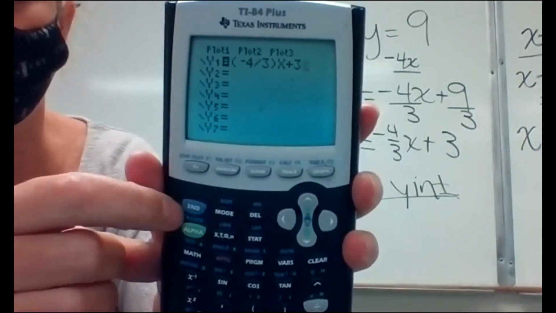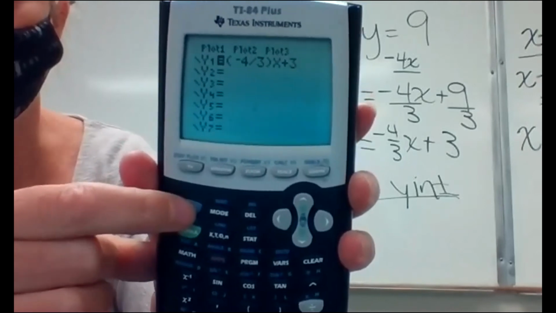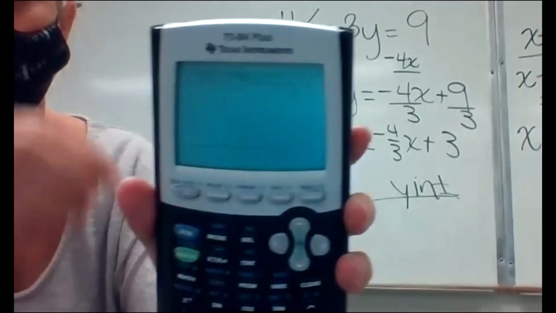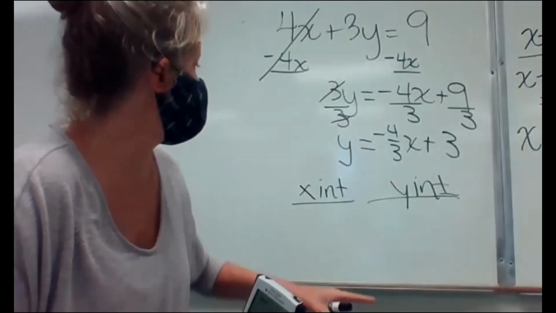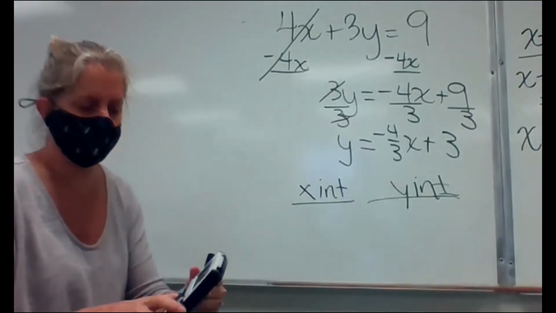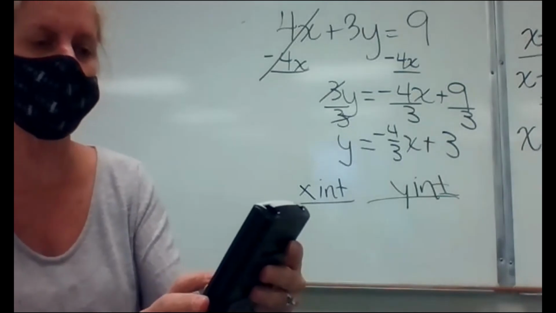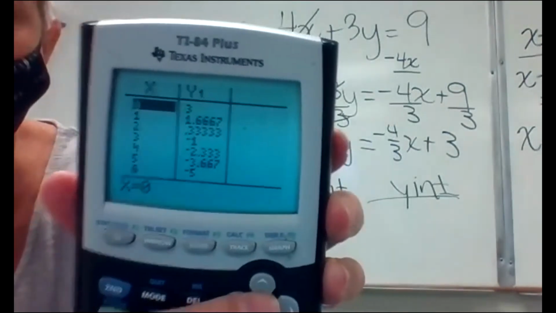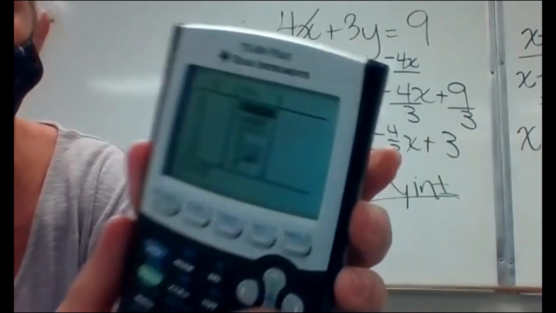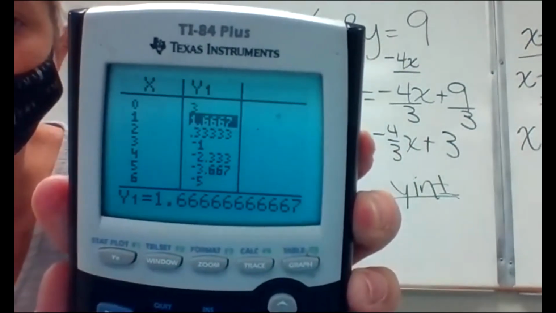Now I'm going to do my table. So second table. Now remember, where is your x-intercept? It's where the y is 0. So look at where I'm going over here to my y's, and I'm going to try to find where the y is 0.